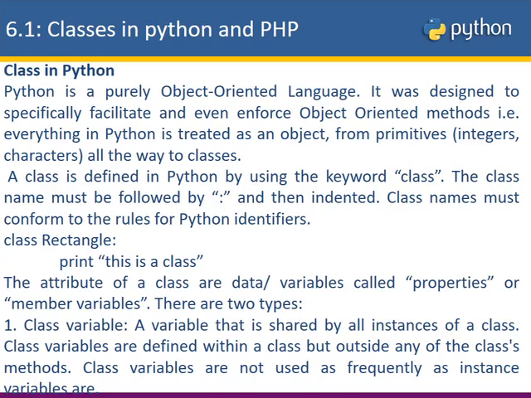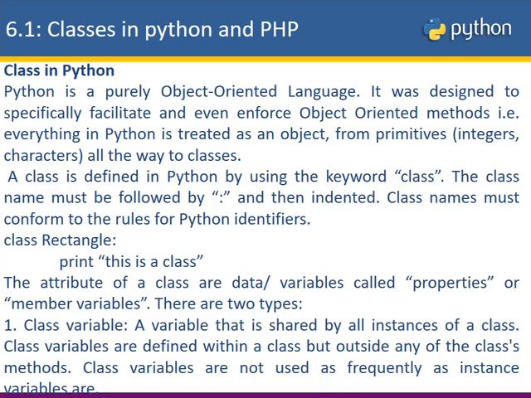I said earlier that we have two types of variable in a class: the class variable and the instance variable.